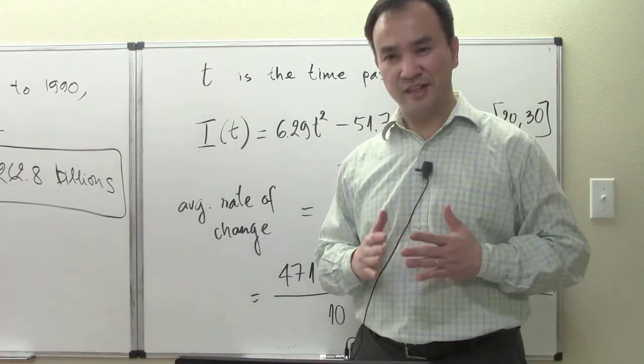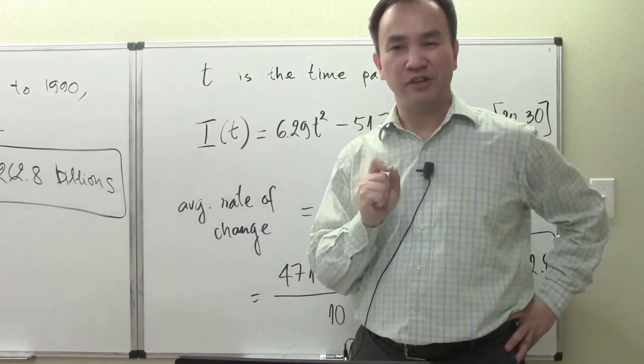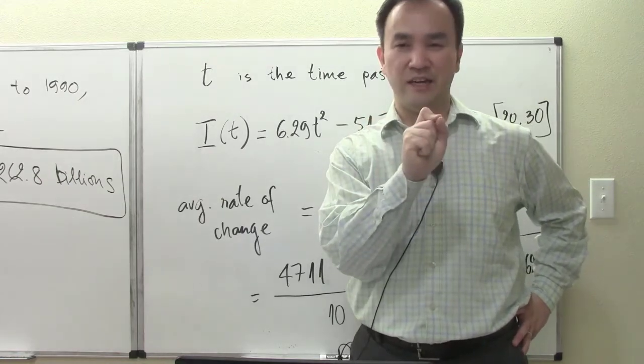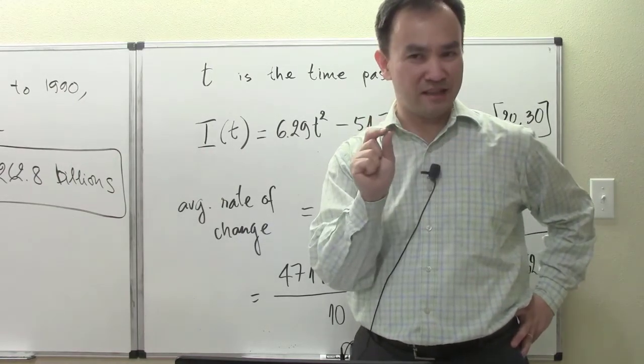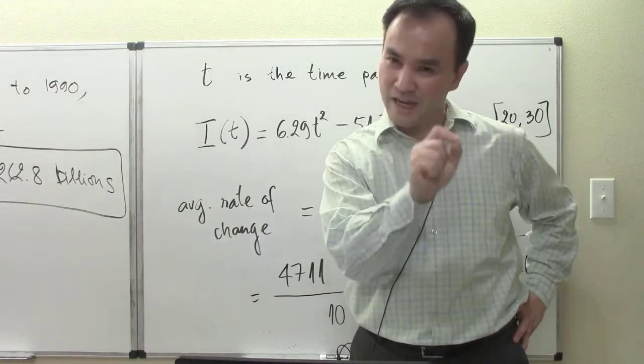instantaneous rate of change is the kind of rate of change that happens only at a very slight, as a math term, infinitesimally small instant.